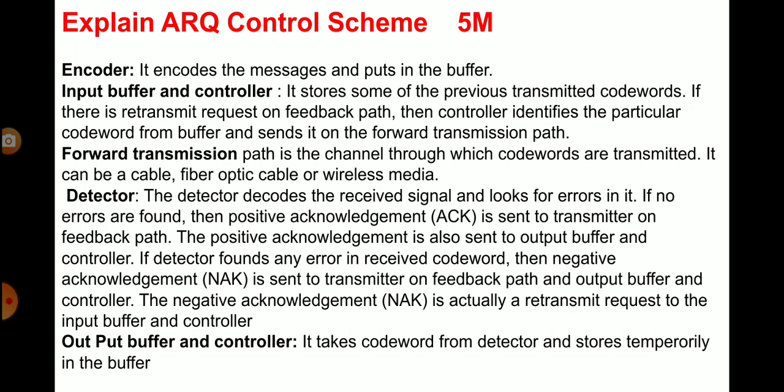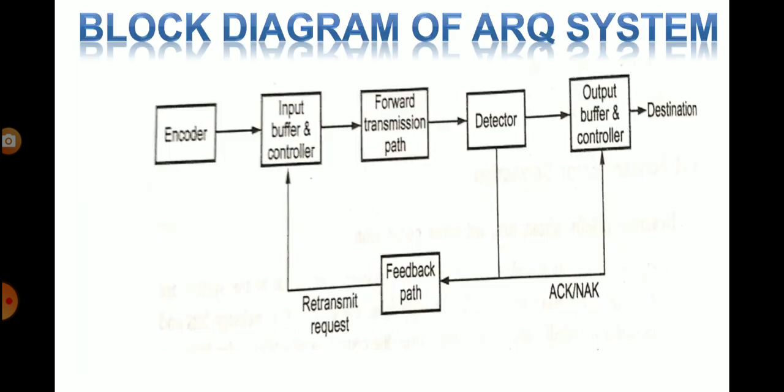If the detector finds any error in the received code word, then a negative acknowledgement NAK is sent to the transmitter on the feedback path and to the output buffer and controller. The negative acknowledgement NAK is actually a retransmit request to the input buffer and controller. Output buffer and controller: it takes a code word from the detector and stores it temporarily in the buffer.